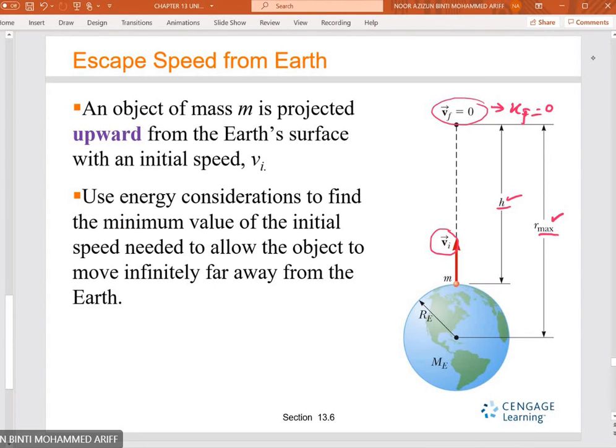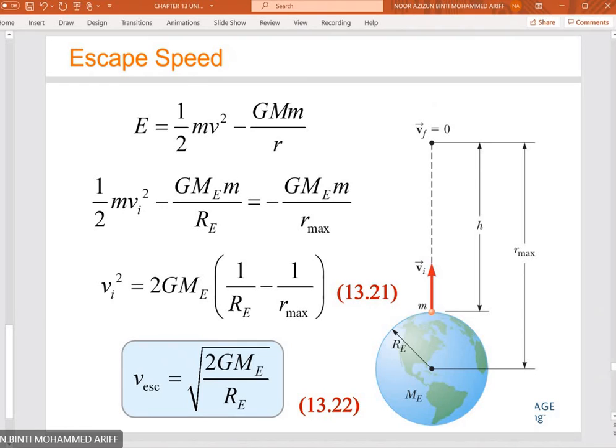So the change in kinetic energy refers only to your initial velocity or initial kinetic energy. Again, I refer to the equation of mechanical energy, K plus gravitational potential energy.